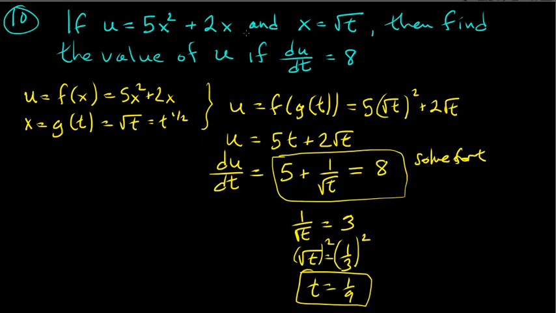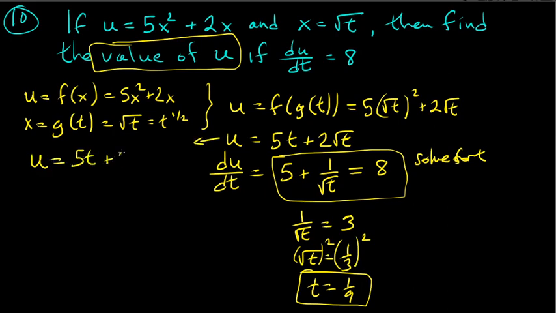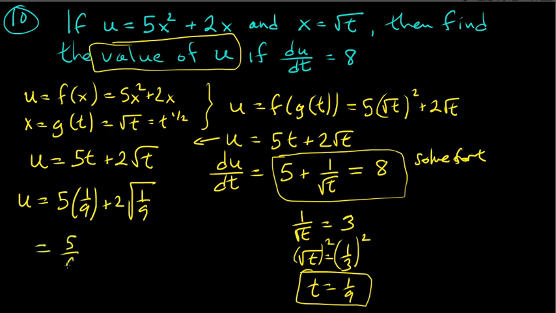Okay, t is 1 over 9. But that doesn't answer the question because they want the value of u, not t. But we know what u is. Here it is. Let me just rewrite it. 5 times t plus 2 times the square root of t. So we can find u just by plugging in t equals 1 over 9. So this is 5 over 9 plus 2 over 3.